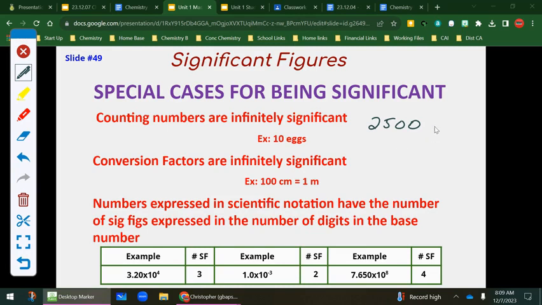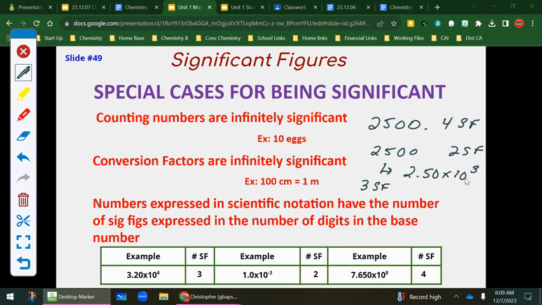But I can't put a decimal at the end. Why? That would be 4 sig figs. And I can't do just 2, 5 because that's only 2 sig figs, correct? The only way to put this number into 3 sig figs would be to write it in scientific notation.